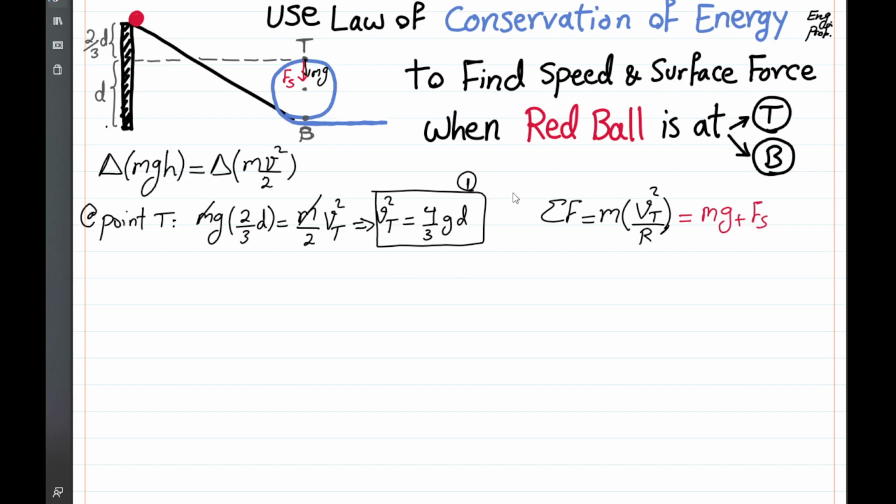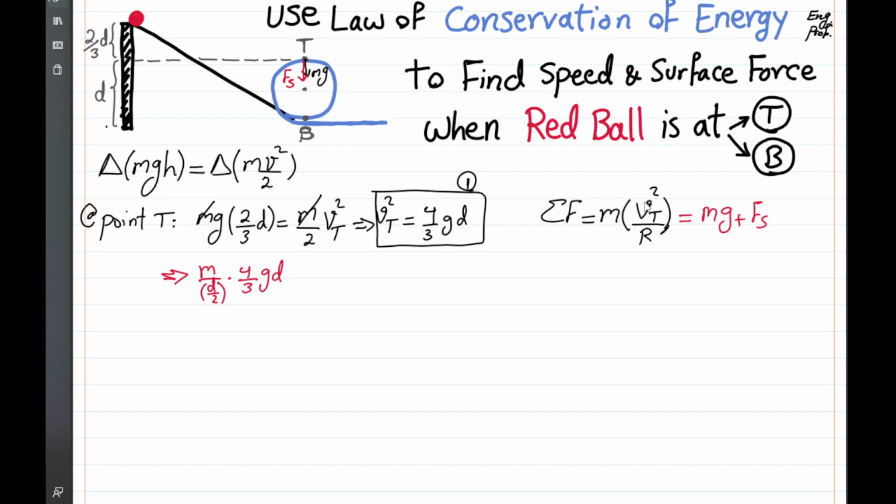I'm going to use equation 1 here for v squared at point T. So what I can say is m over r, where r is d over 2, so I can also substitute for that: m over d over 2, times v squared T, which is 4/3 g times d.